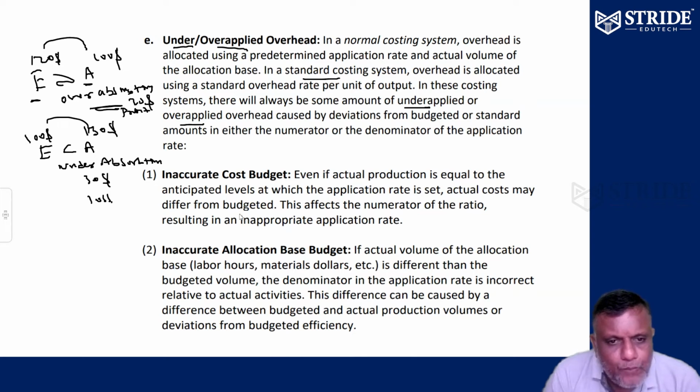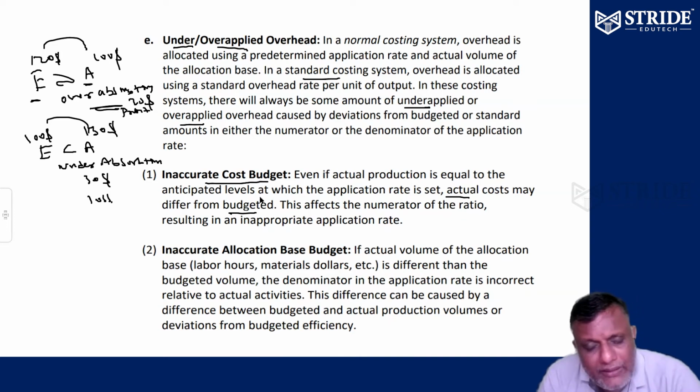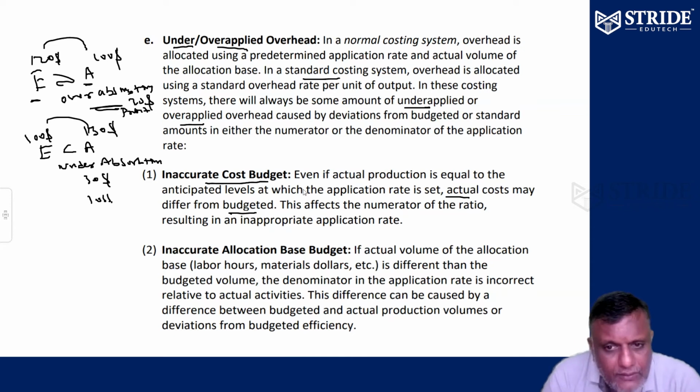Next, generally your budgeted cost and actual cost always differ. That's called an inaccurate cost budget. Your cost budget estimation is not going to tally with the actuals. Similarly, there is an inaccurate allocation base: your actual volume and budgeted volume are different.